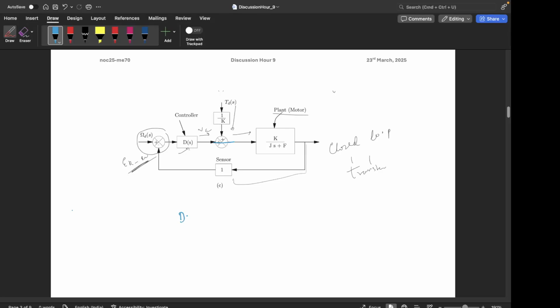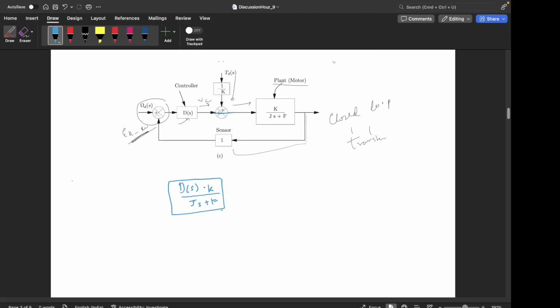So it becomes DS times K by JS plus F, that is the top block. Then we have the output, then we have the feedback.